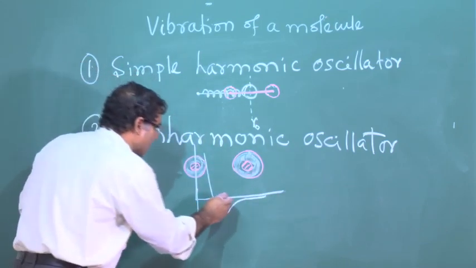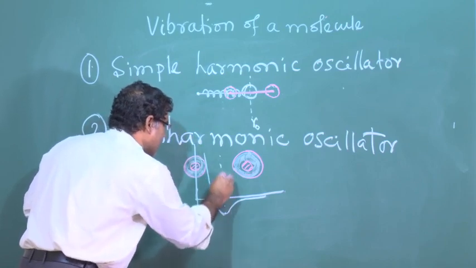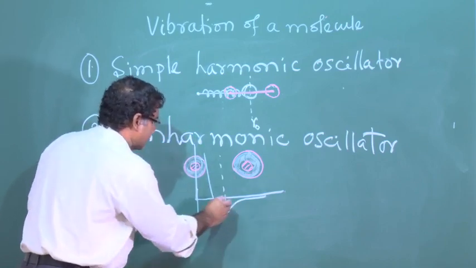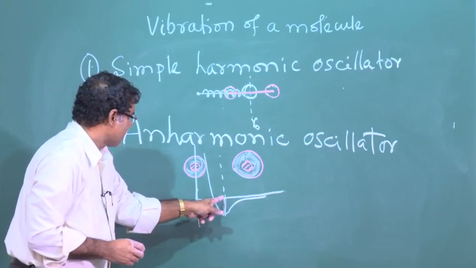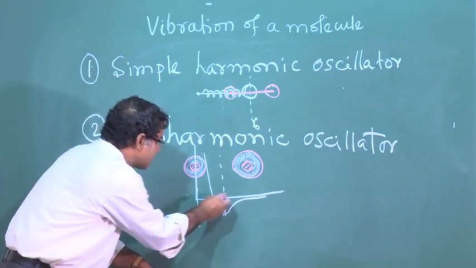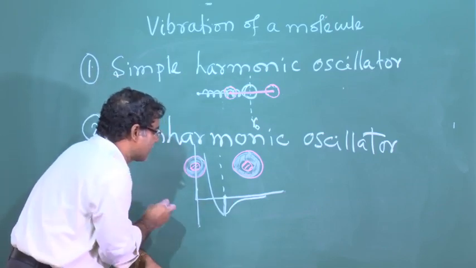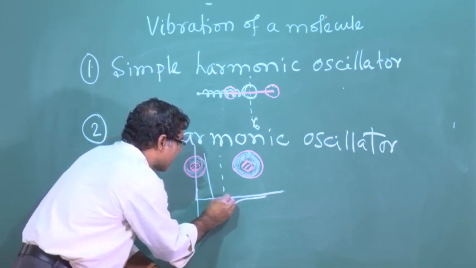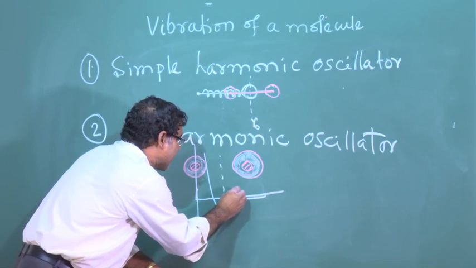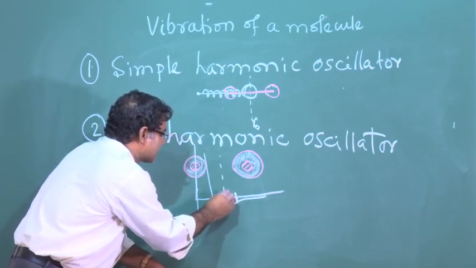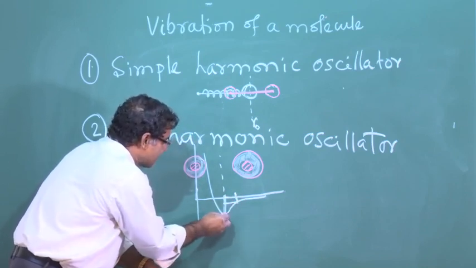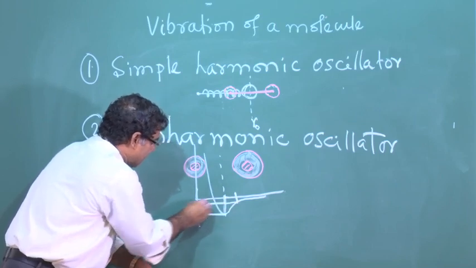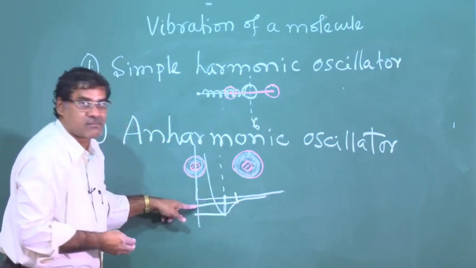So what does it mean? This is the equilibrium distance. Now when it is expanded by this amount, its energy changes from here to here.